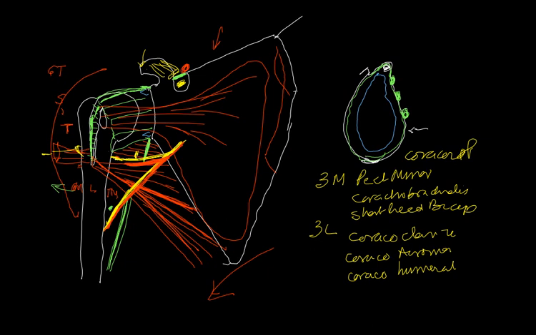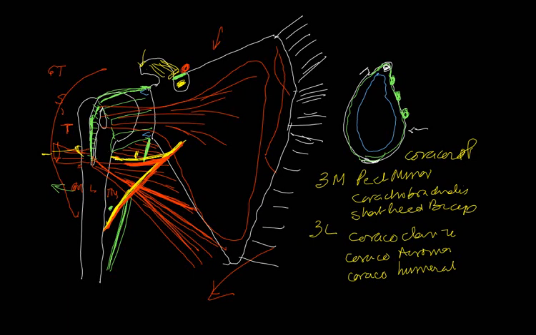Then you have the levator scapulae, the rhomboideus minor, and the rhomboideus major. So this is the anterior view of the scapula.